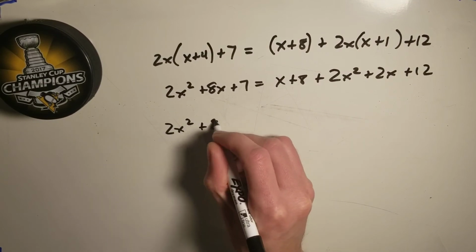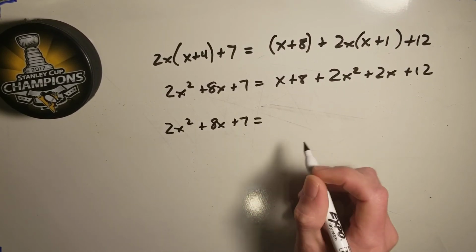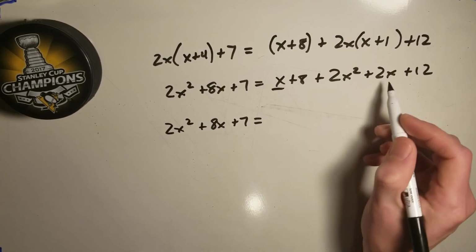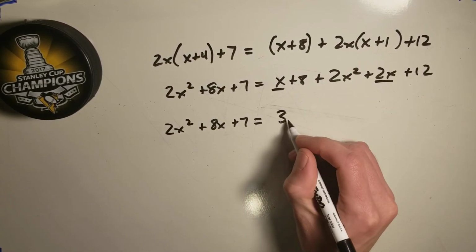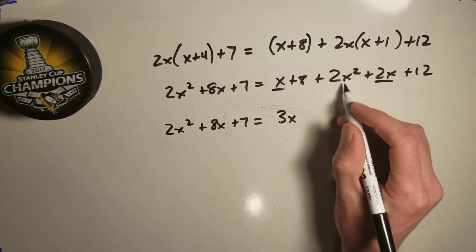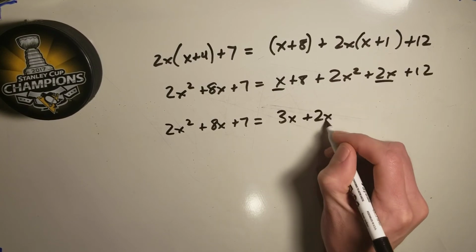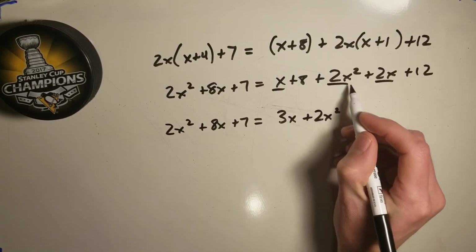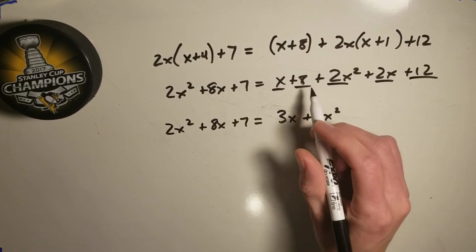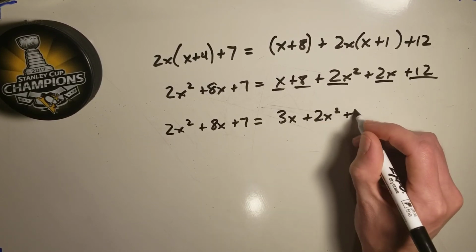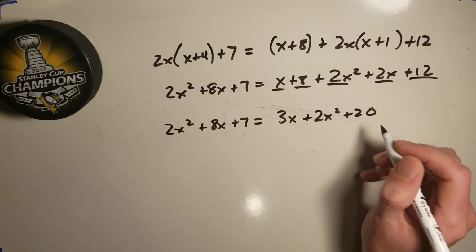On our left side though, all like terms are combined. So let's take our x's. We should have 3x, our 2x squared, and you could put that 2x squared out in front if you want to help stay organized. That would not be a bad idea. 8 plus 12 is going to give you plus 20.